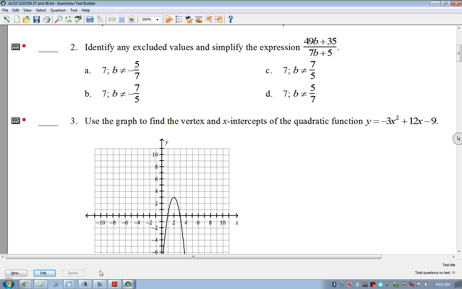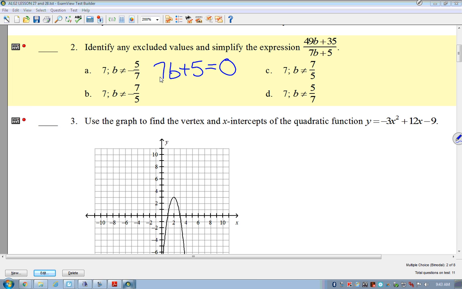What is the denominator? 7b plus 5. What should I set it equal to? Zero. Why?